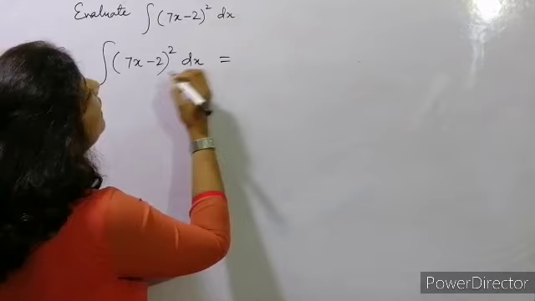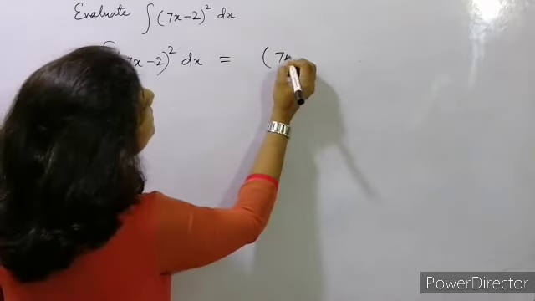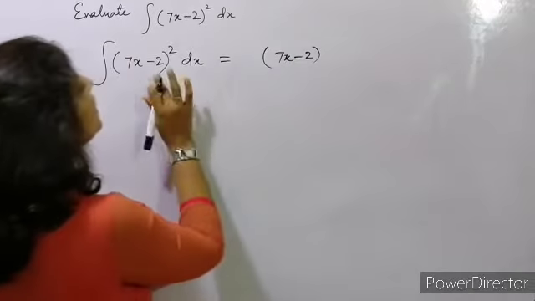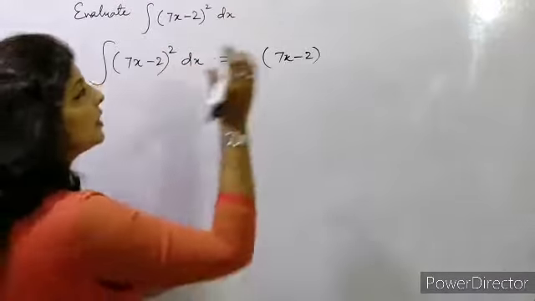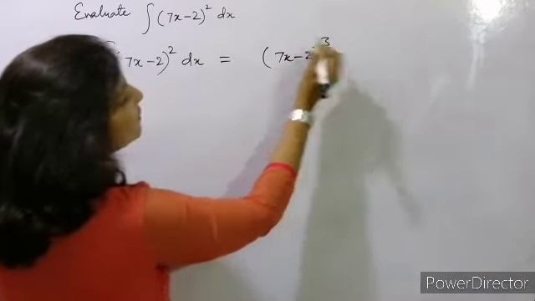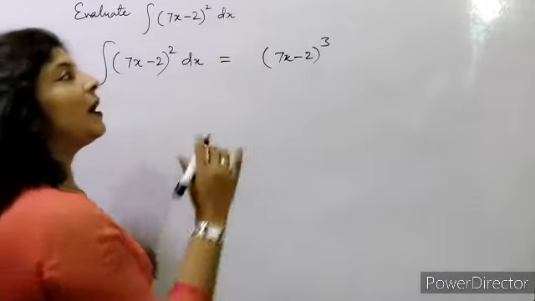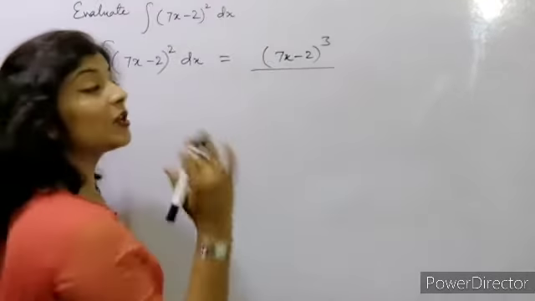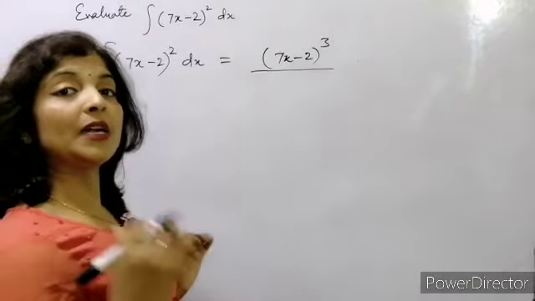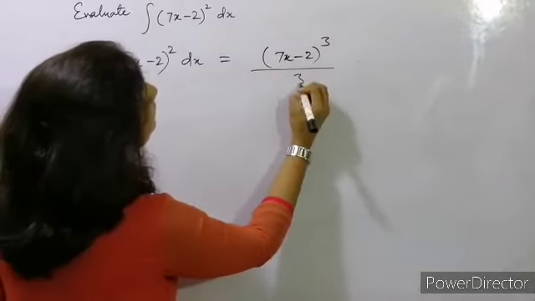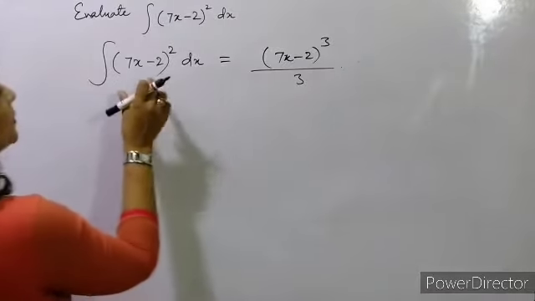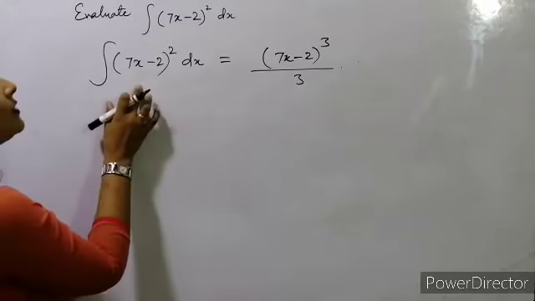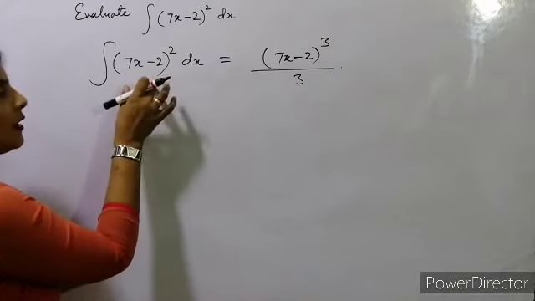The power will increase, because in differentiation we decrease the power, so here we increase it by one, so it will be 3. And now we divide by the current power, because in differentiation we multiply, so here we divide by 3.